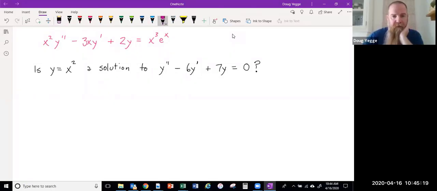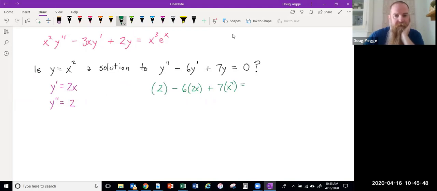We need to be able to plug these derivatives in to see if it's actually going to work. So y prime is 2x. Y double prime is 2. So that would mean I could come over here and plug in y double prime minus 6 times y prime plus 7 times x squared.